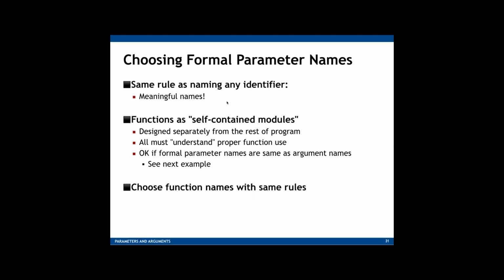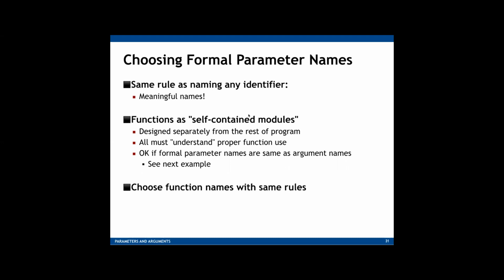Functions are independent modules that are designed separately from the rest of the program. On a large project, it is highly likely that functions are developed by different programmers. So programmers should choose the most meaningful names for the parameters and function name.